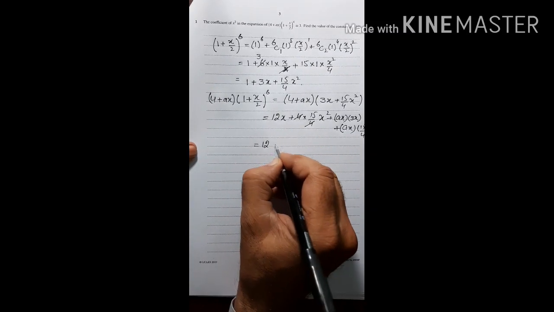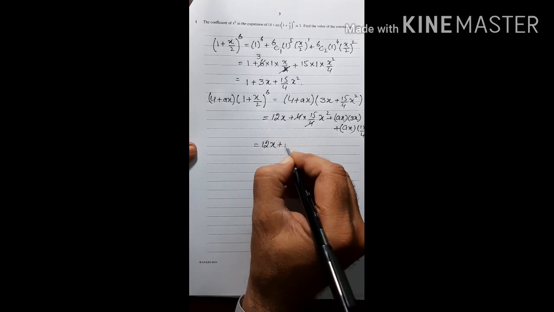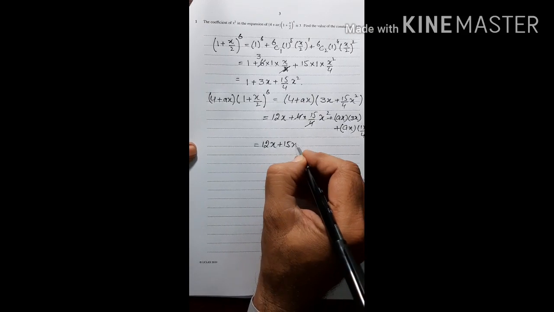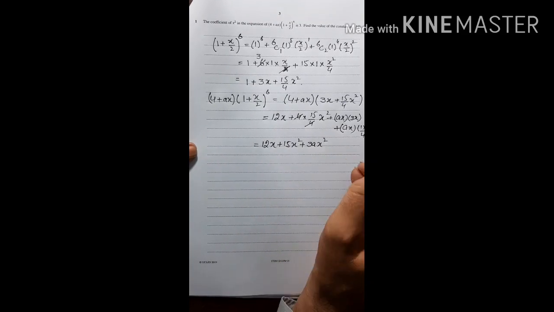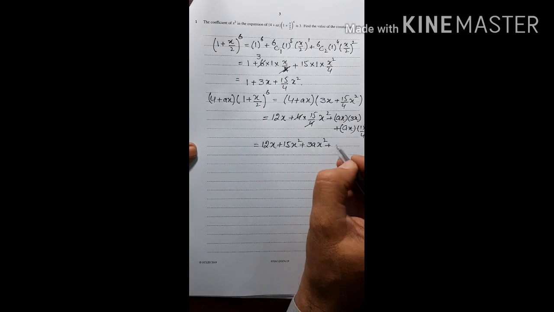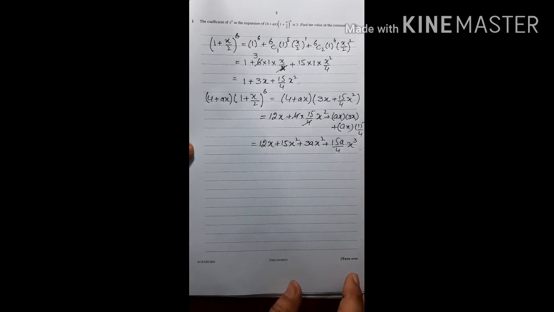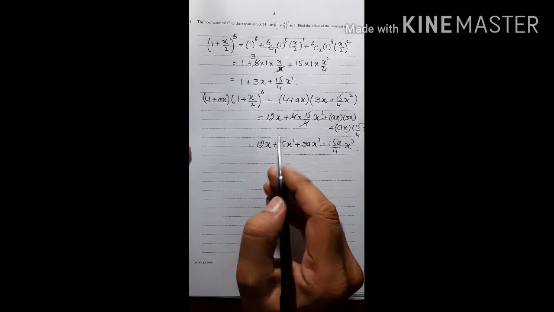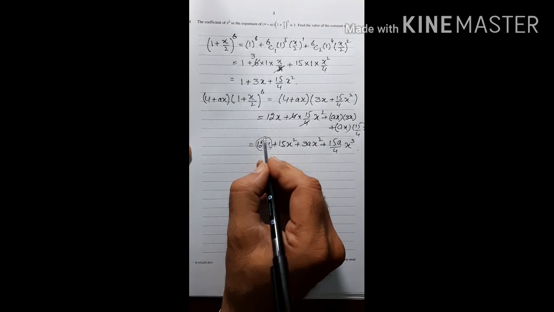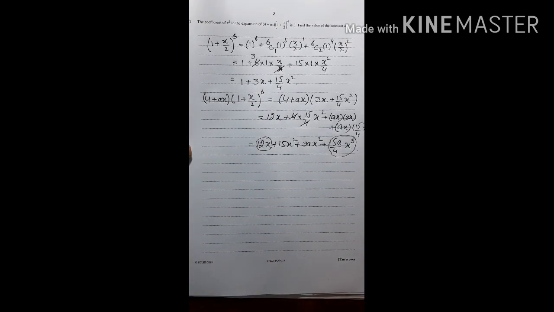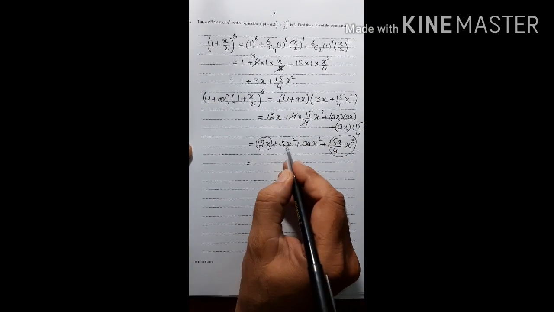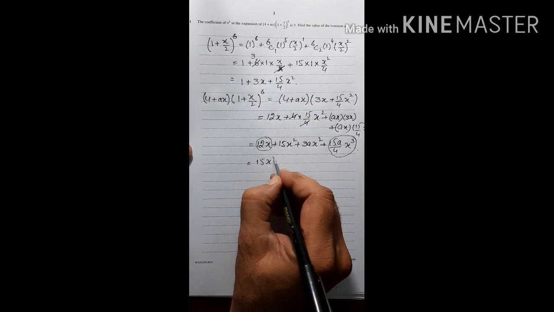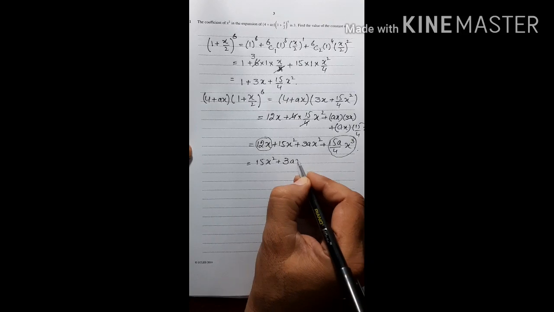After simplification it becomes 12x + 15x squared + 3ax squared + 15a/4 x cubed. We don't need the x term or the x cubed term, we just need x squared. So we will discuss only the second and third terms: 15x squared plus 3ax squared.